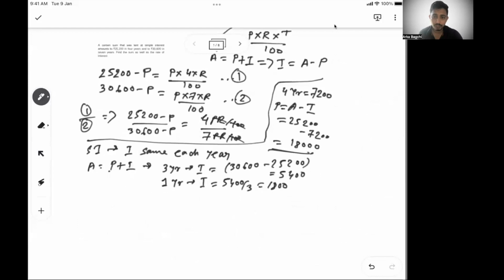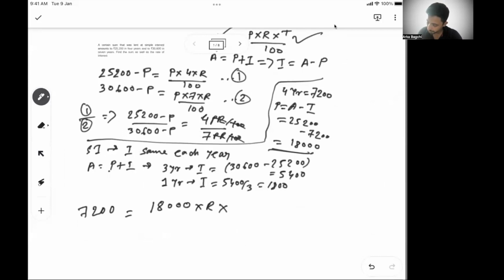So if you know this, then in 4 years the total interest is 7,200. So if I apply this formula, 7,200 is the interest. Principal we know, that is 18,000.